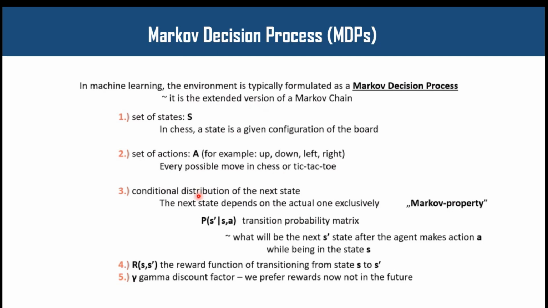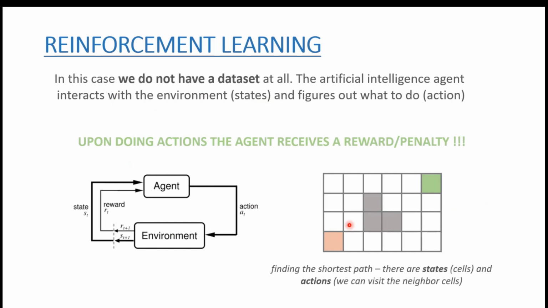And then the next state depends on the actual one exclusively. So what is this Markov property? It says that the next state, if you take this example, moving from this red cell to this cell, moving from one cell to another cell purely depends on the actual state, or the current state.